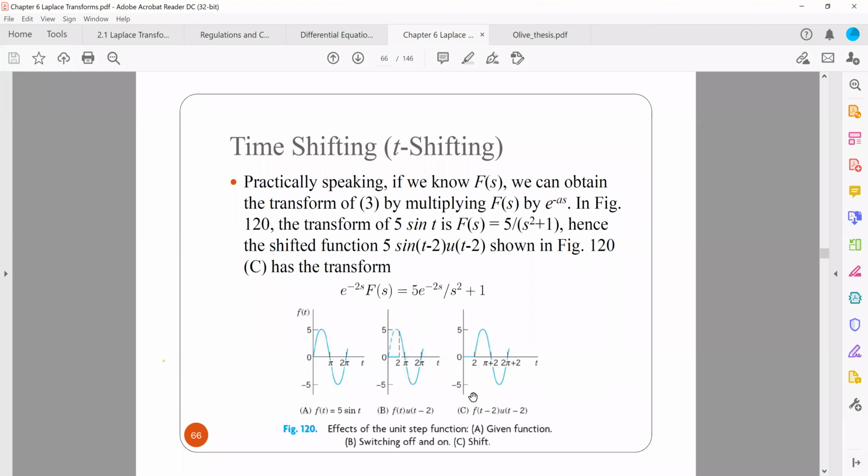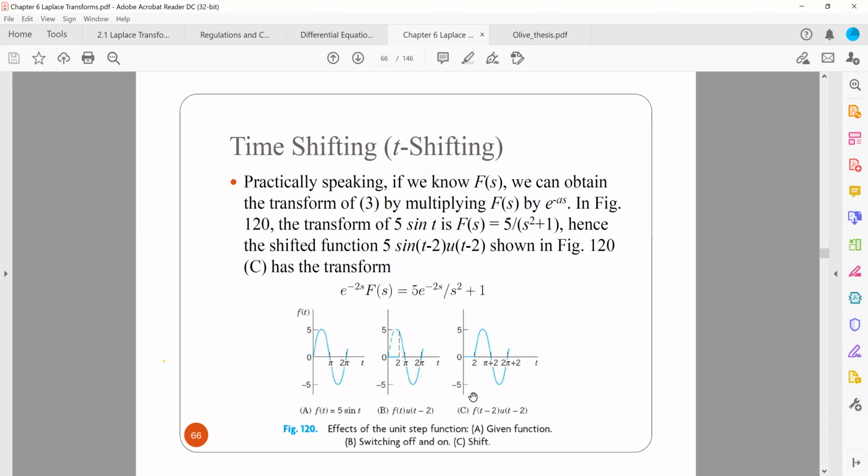This is an example, I think. If you have a function 5 sin t, its Laplace transform is 5 over s squared plus 1. I hope you remember this. The Laplace transform of sin t is 1 over s squared plus 1.